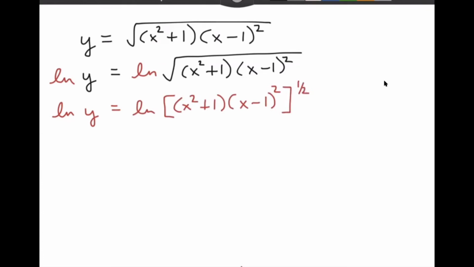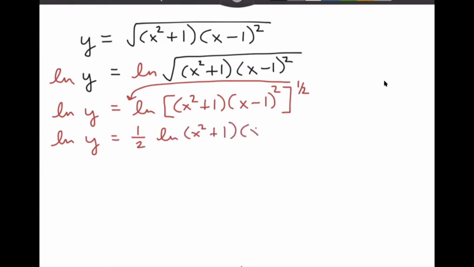I use my power rule for logarithms and make that 1/2 natural log x squared plus 1 times x minus 1 squared. All right, and now I can use the product rule for logarithms.